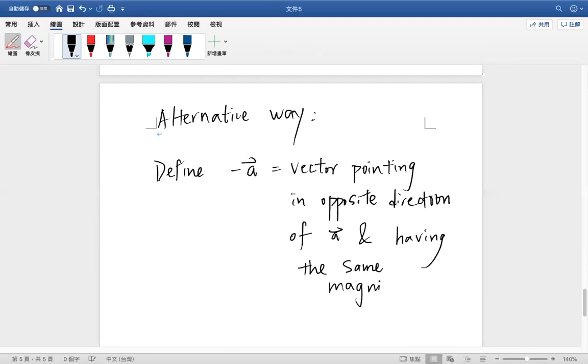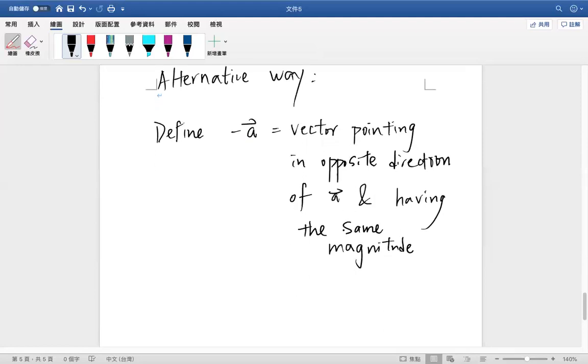That's our definition here. Can you understand this? Yeah, so that's how we define a negative vector.